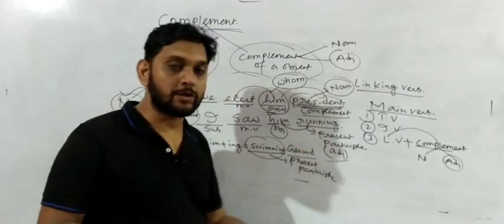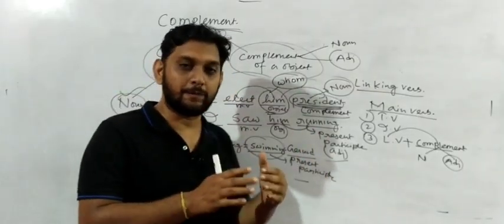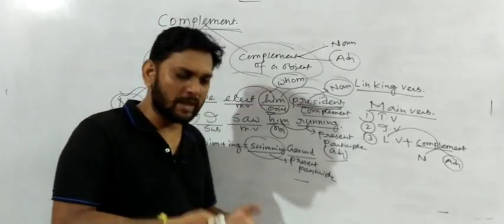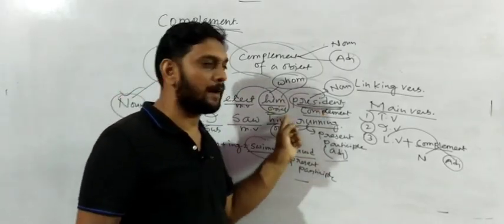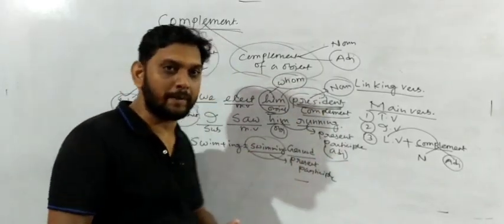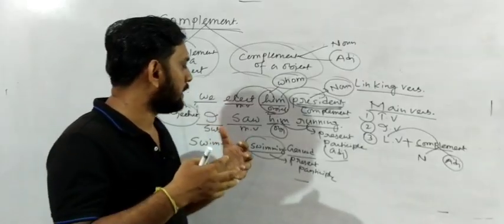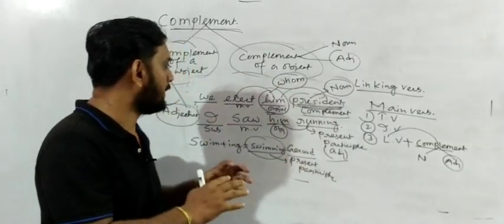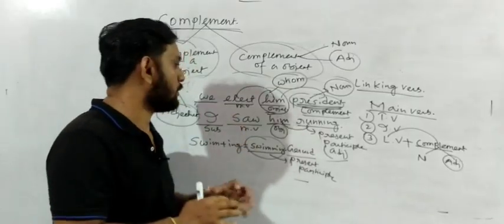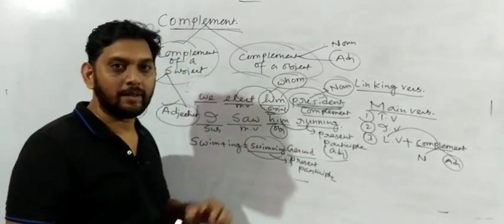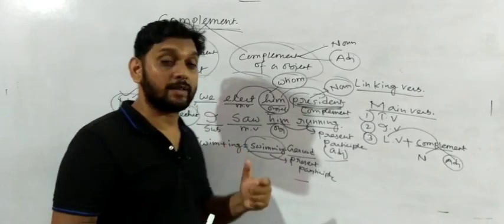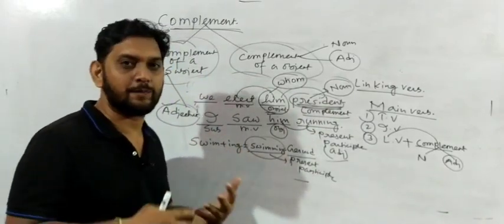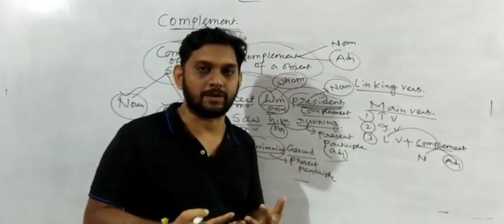And what would be the definition of subject complement? If the complement comes only for the subject, it is known as subject complement. If the complement comes for the object, it is known as object complement. I think all of you understood all the concepts of complement, because that's very important, my friend. If you don't understand the concept very well, even if you study a lot of books, that cannot give you any benefit.